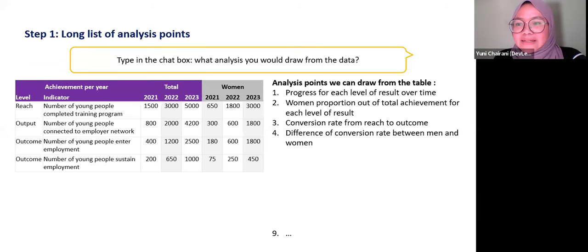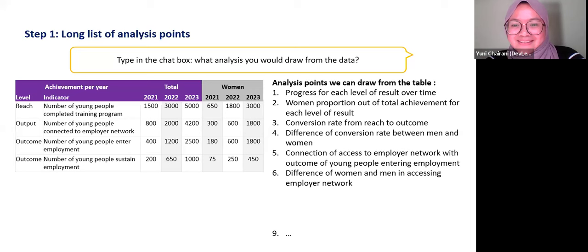And then the next one is we dig a little deeper. The third one is conversion rate or the success rate from reach to outcome. And on top of that, we can also add the difference of conversion rate between men and women. Maybe it's different. Maybe you have another story about it.